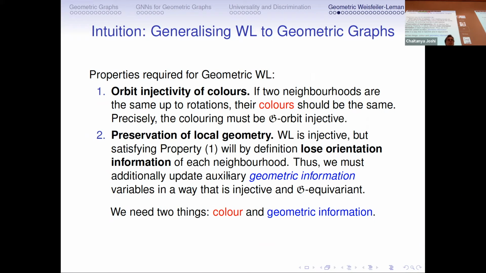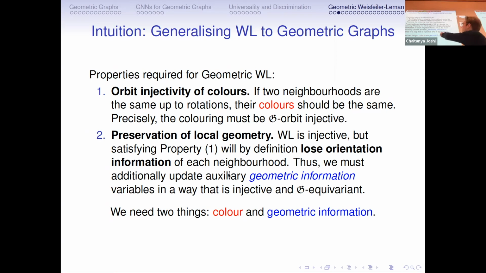And what are some possible, very simple ways to deal with them? Well, for the second one, for the auxiliary geometric information, the conceivably simplest option conceptually is if we just copy paste all of the information. So if we can find a way to copy paste the orientation information from one step to the next, and we propagate that, we have a lossless communication channel in a sense, which allows us to keep track of how things are oriented.